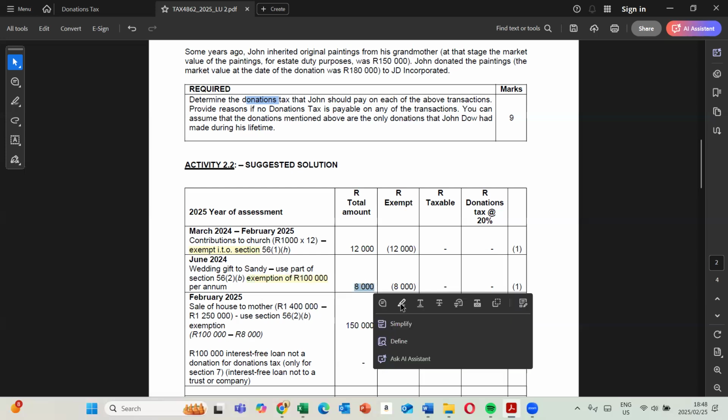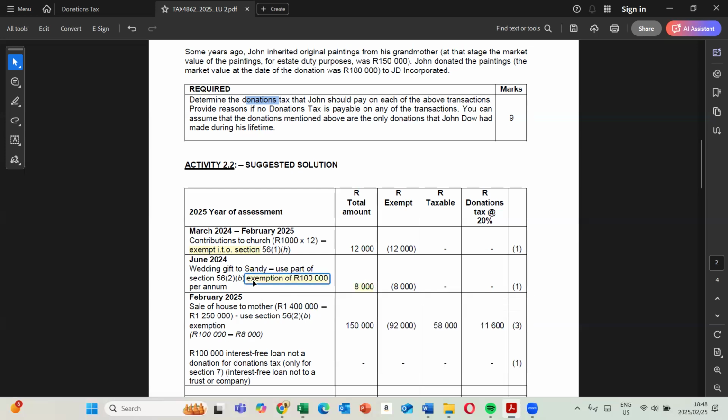So the donation to Sandy is subject to donations tax, but John receives an exemption of a maximum of 100,000 during the year, limited to 8,000. Do you see that? Remember, John has used a portion of that 100,000. He has used 8,000, so he's left with 92,000.